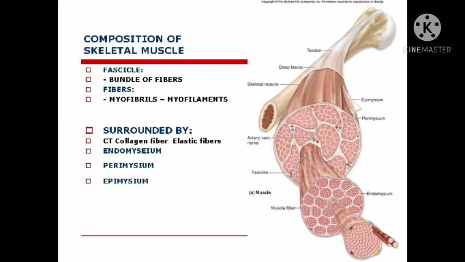This is a rule of the body Allah has given us, called the neurovascular bundle: wherever there is an artery, there will be a similar vein and a nerve as well, enclosed in the deep fascia.